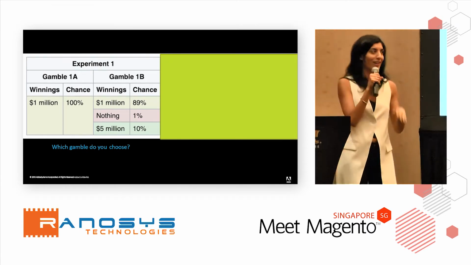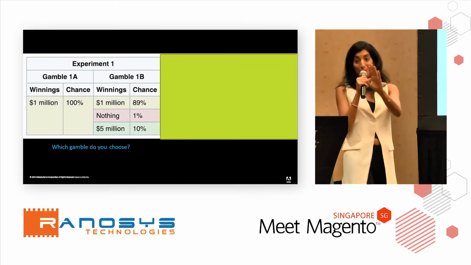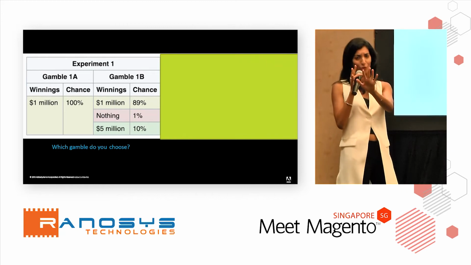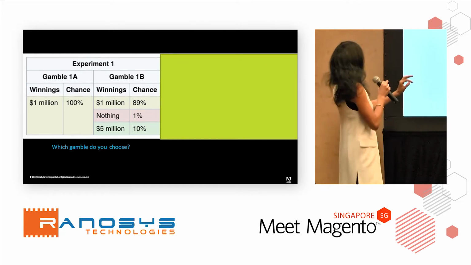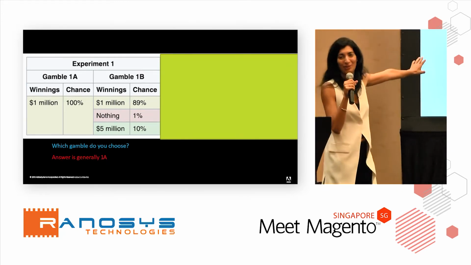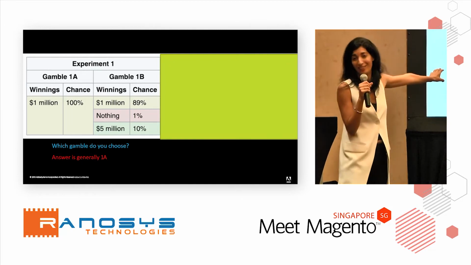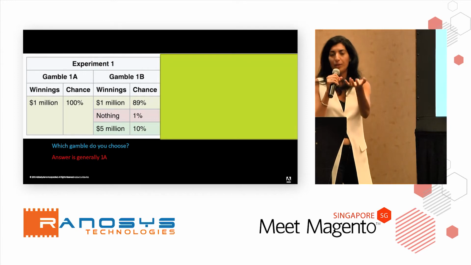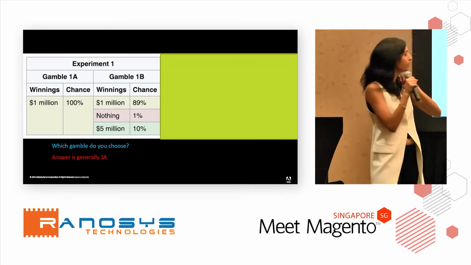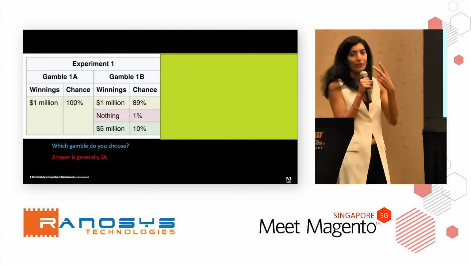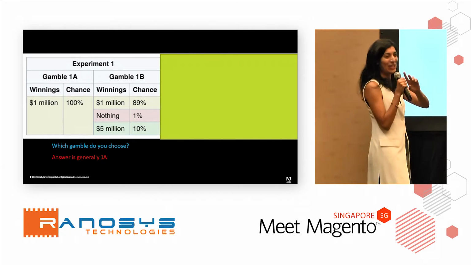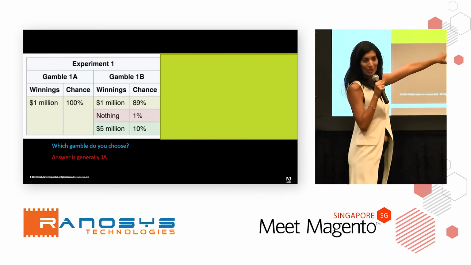Okay, I think we need a count. Anyway, I saw that it was pretty balanced, which is weird. Usually, the majority goes with strategy A. I think there was a little more of A, but I was just surprised that there were so many Bs. You're using reverse psychology on me. I'll show you in a second.